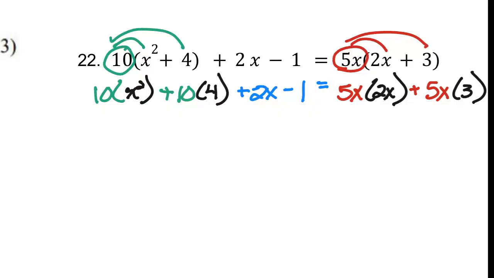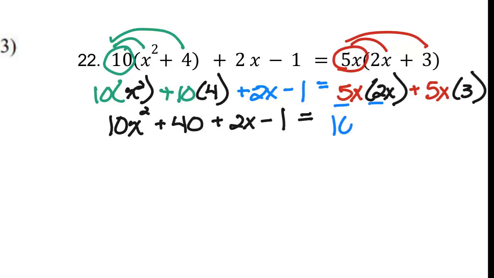No? Okay. So then I start cleaning up, simplifying. 10 times x squared is going to be 10x squared. I have 10 times 4, that's 40. I have a plus 2x. I have a minus 1 equals, and over here on the right-hand side, I have 5 times 2, which is 10.